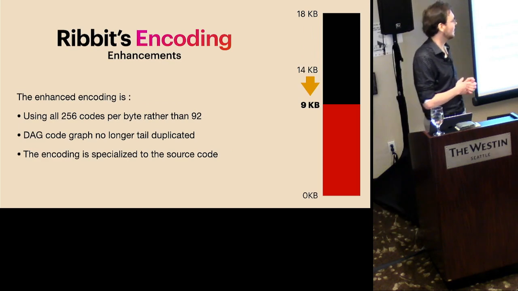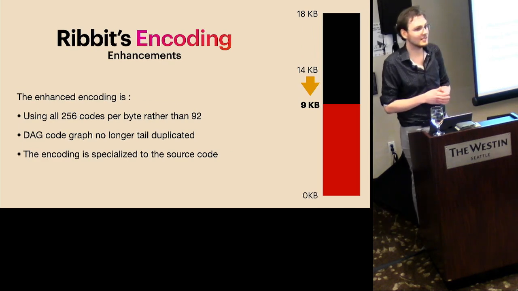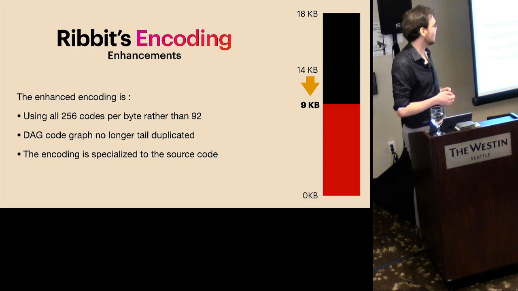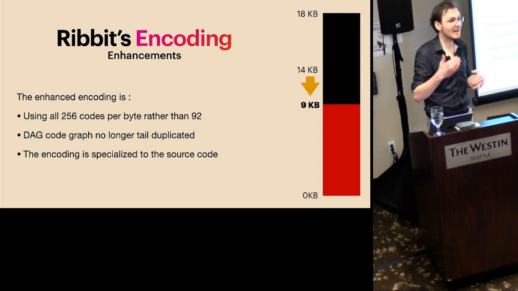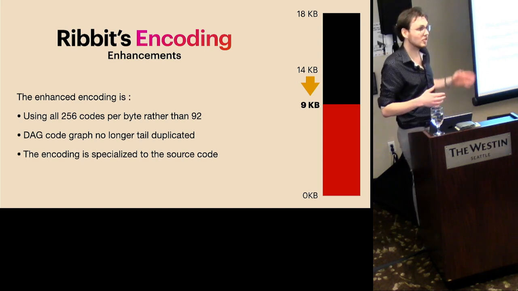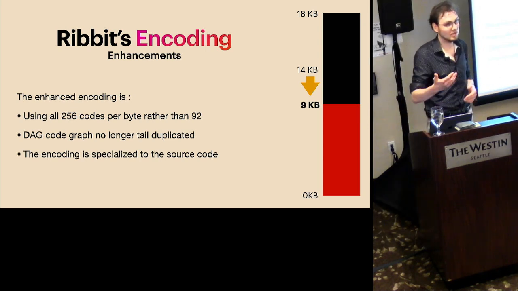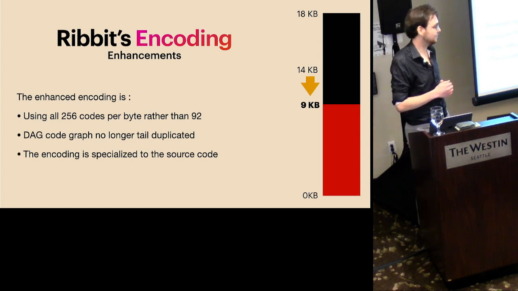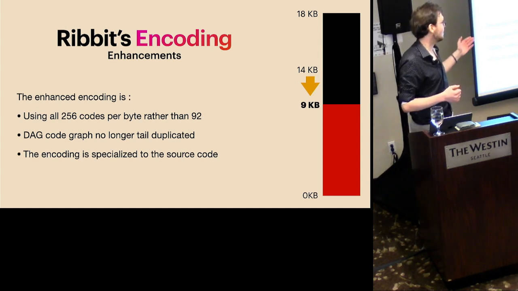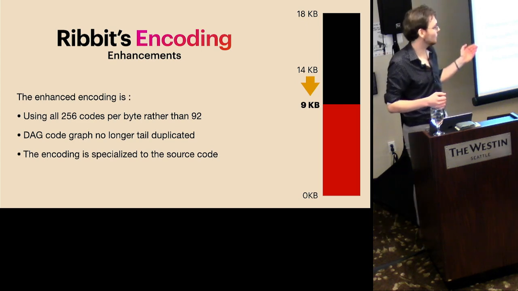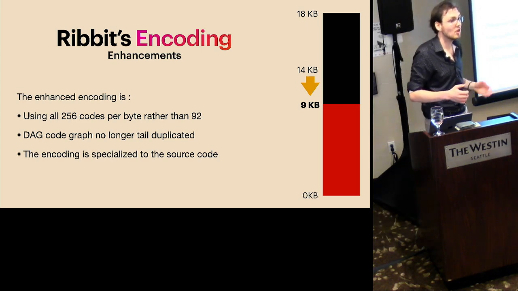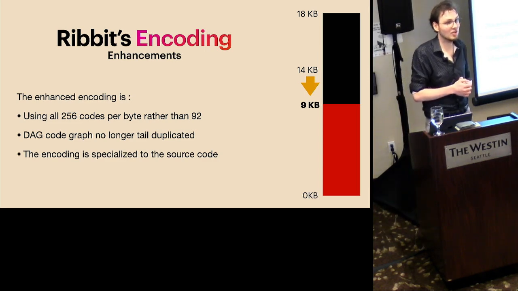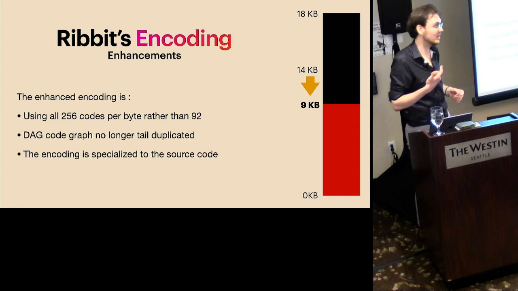The second thing we did is enhance the encoding. The encoding that I showed you had some flaws. For example, it was only using 92 codes. The string that you saw is the ribbon, and we can use 256 codes when we use compiled hosts, for example C and assembly.